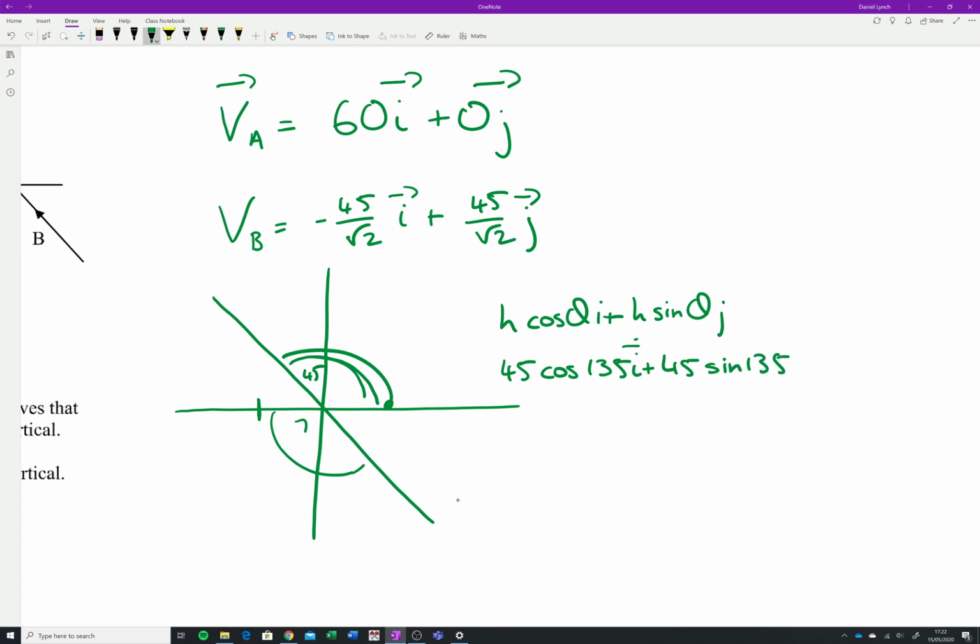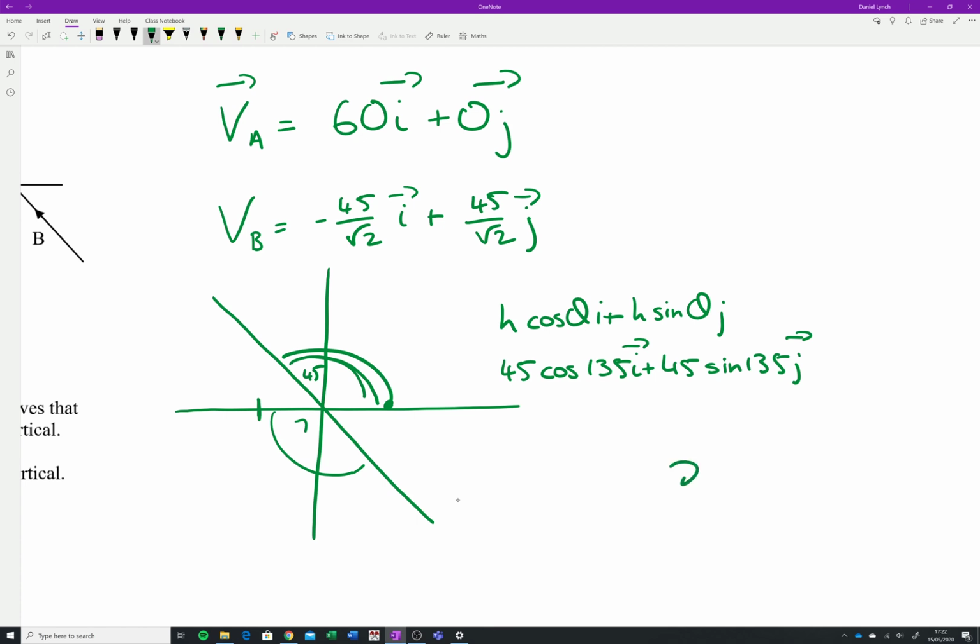So these are the i values and those are the j values. And I will just double check that I'm not talking nonsense. So if we say 45 cos 135, will it come out to be negative? It will. It'll say minus 45 root 2 over 2, which as we said is the same as saying minus 45 over root 2. So you get that, and it works for the whole thing.